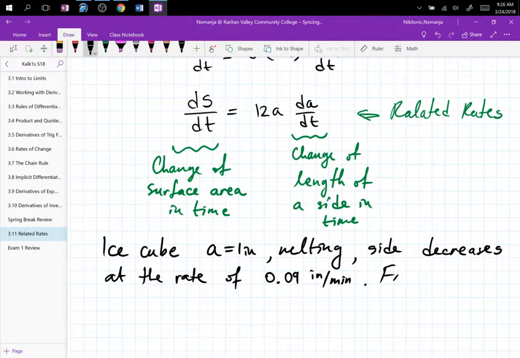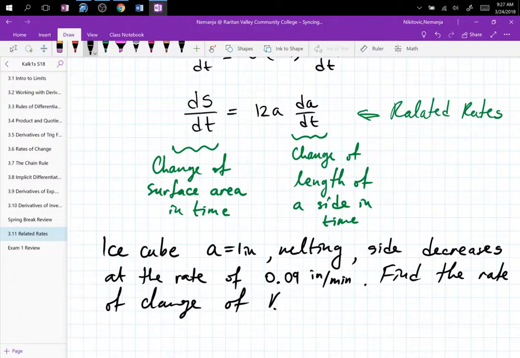So find the rate of change of volume, which is actually what we would be interested in. But then since it's math, also we can do surface area.